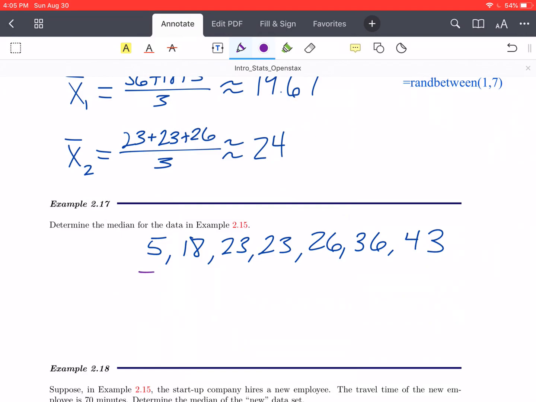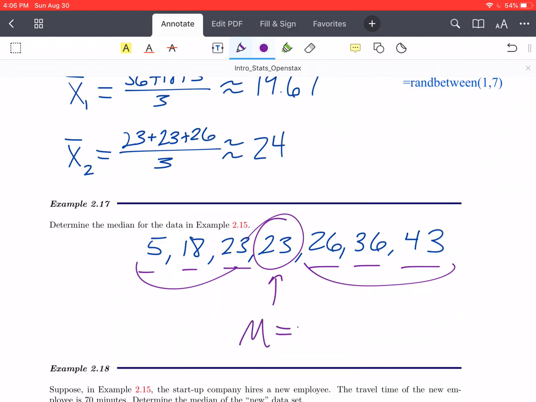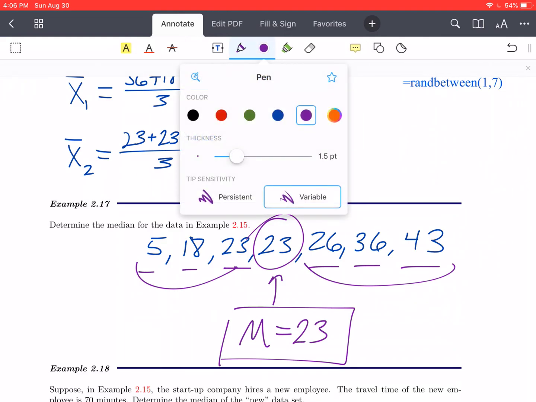So I'm going to go 1, 2, 3, 4. Right? So go right into the middle. So there's 3 on this side, 3 on this side. This is the middle value. So the median is 23, and that's a capital M, not a mu. That's just a capital M for median.